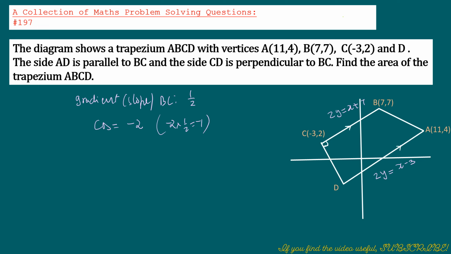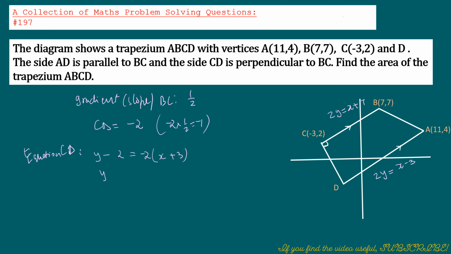So the equation of CD would be y minus y1 equals minus 2 times x minus x1. I'll just write the values: y minus 2, since it passes through C, equals minus 2 times x plus 3.